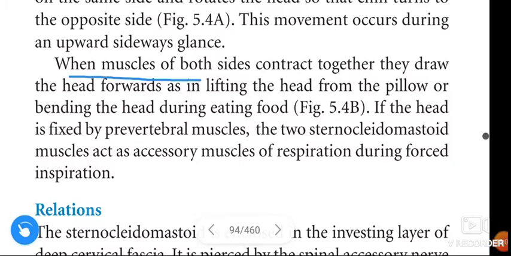when the muscles of both sides contract together, they draw the head forward, as in lifting the head from the pillow or bending the head toward eating food.